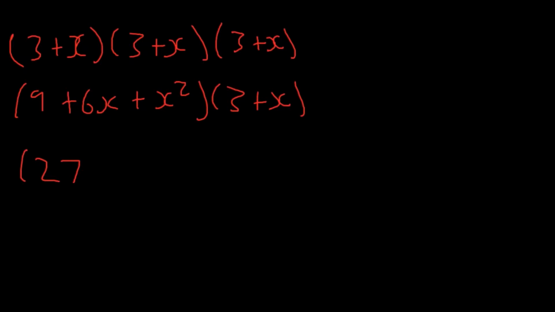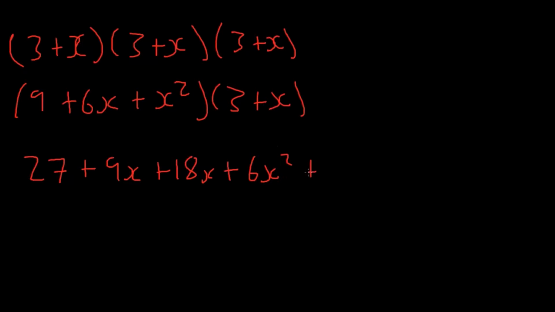I don't need brackets anymore. 9 times x is going to be 9x. 6x times 3 is 18x. 6x times x is 6x squared, and so on, 3x squared, and then x cubed.